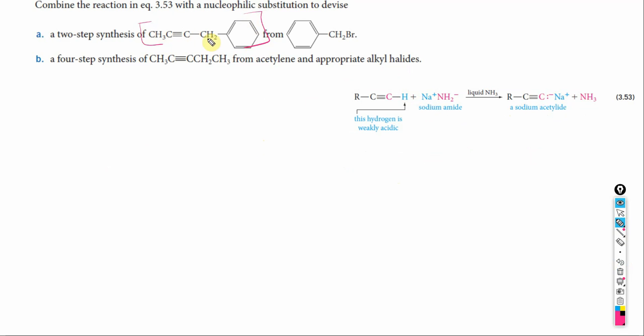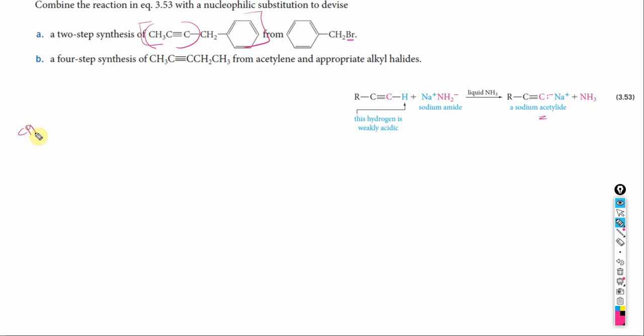If you want to make this product from the reactant that is shown here, you have to realize that this is the leaving group, therefore the phenyl CH2 is here, and this part is going to be coming in as a nucleophile. To make this a nucleophile, we have to produce a carbanion, the C minus, which is basically that.